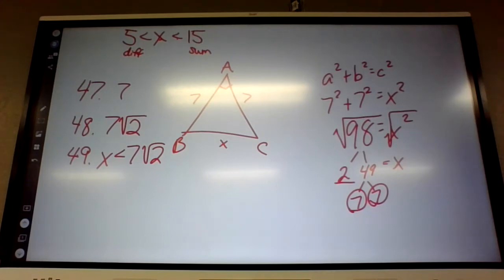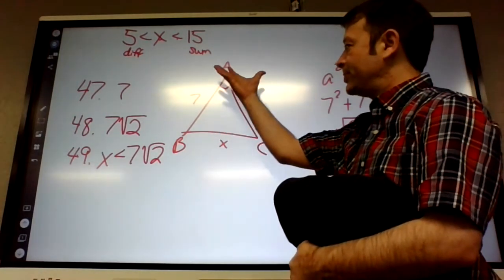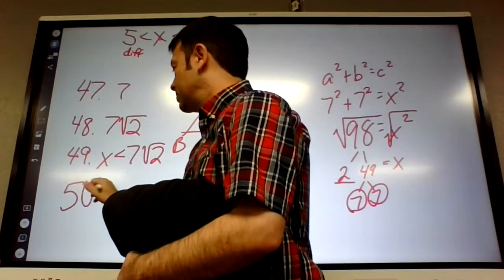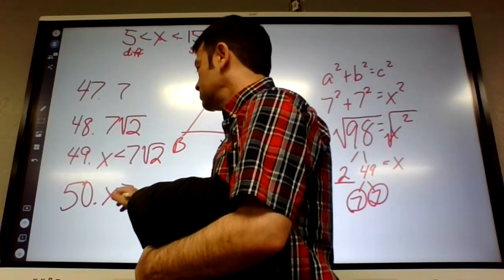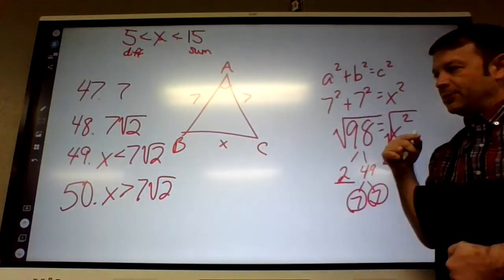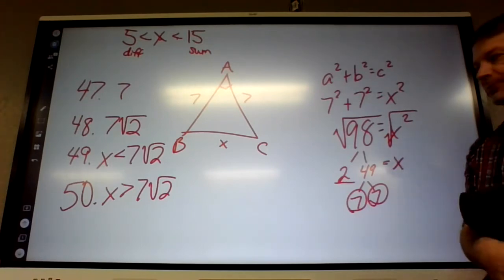What would we need to do to x to make it an obtuse triangle? We would want to make x bigger than 7 square root of 2 to open that angle up. So x is greater than 7 square root of 2. On 49, they actually put 0 less than x less than. Obviously, x can't be 0 or negative, but I'm not going to write that down.